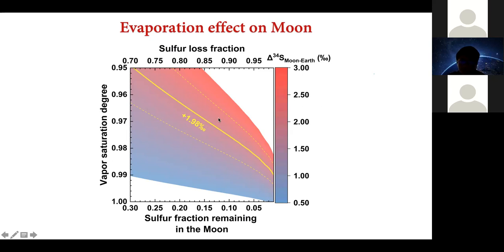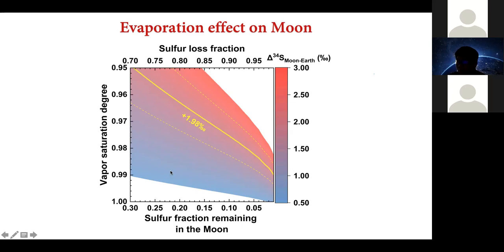The colorful points here are the modeled differences between Moon and Earth. If we take the current sulfur concentration in the lunar mantle given by previous studies, which is about 25 to 75 ppm, the sulfur remaining in the Moon will be 12% to 35%.